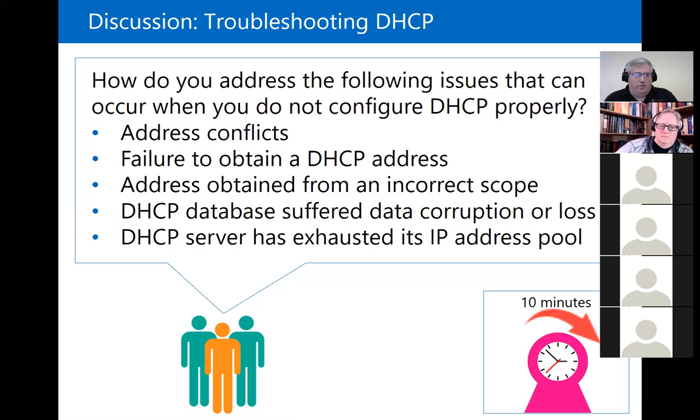We'll go over that another day. DHCP database corruption, we just restore from backup. And if it's exhausted its IP address pool, then switch to a pool that has more addresses. That's pretty much it.